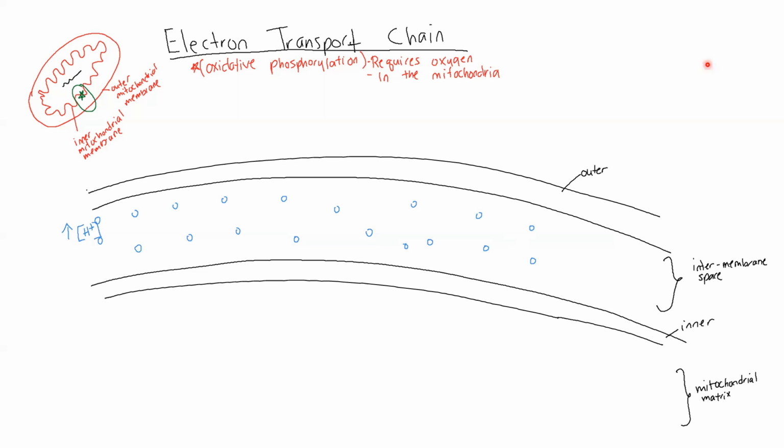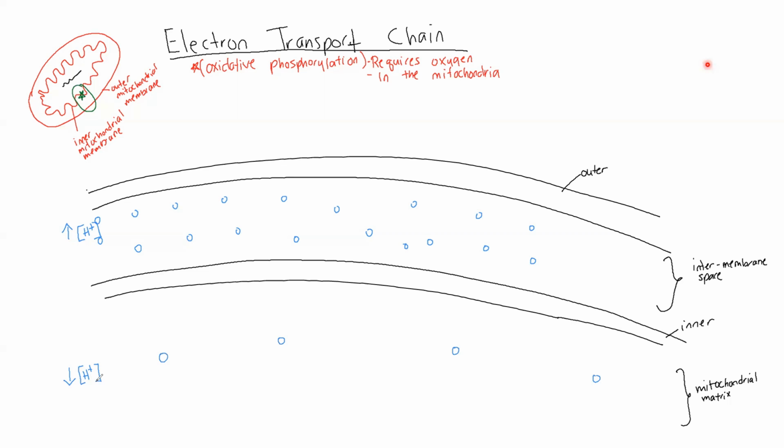And by contrast, we're going to have significantly fewer electrons in the mitochondrial matrix. So we'll draw a sparse view down here. And we're going to mention here that it's going to be a lower concentration of the electrons. Okay. All right, hopefully everyone is with me so far.